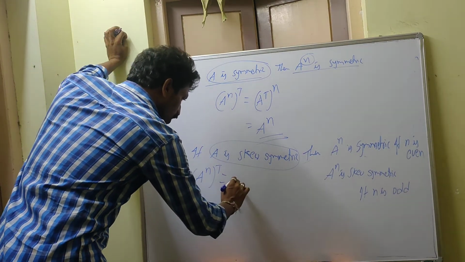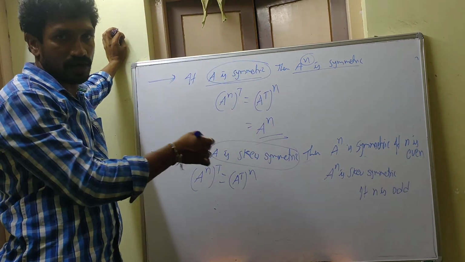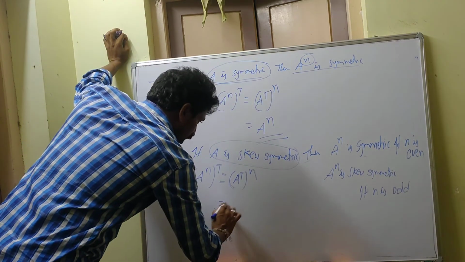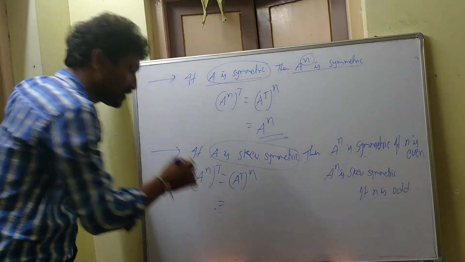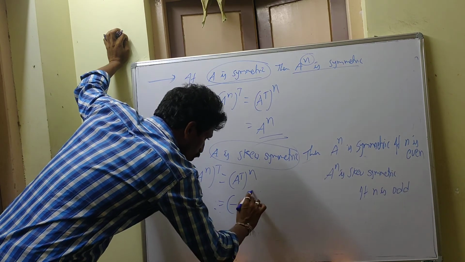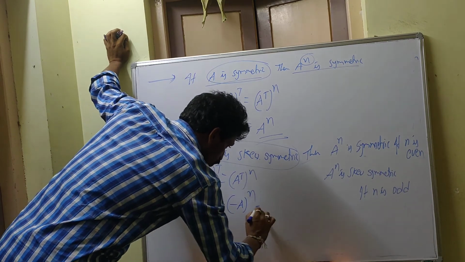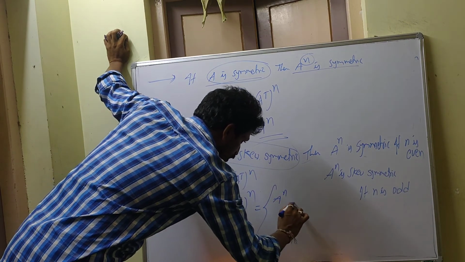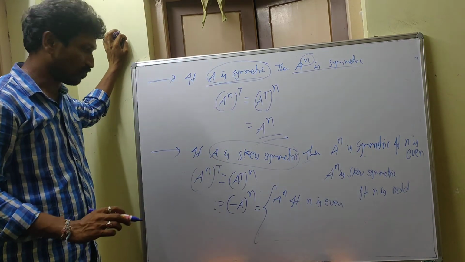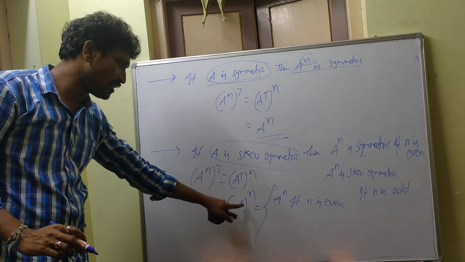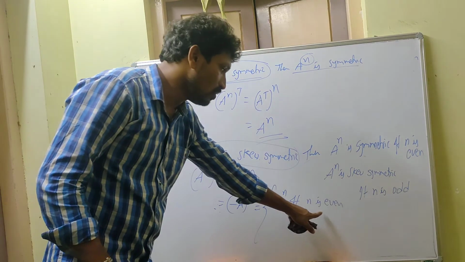A power n whole transpose you can write as A transpose whole power n, according to one of the properties we already discussed. A is skew symmetric, means A transpose you can write as minus A. Minus A whole power n. Minus A whole power n becomes A power n if n is even.